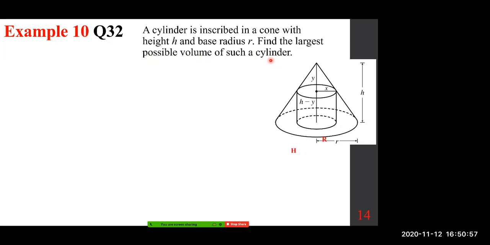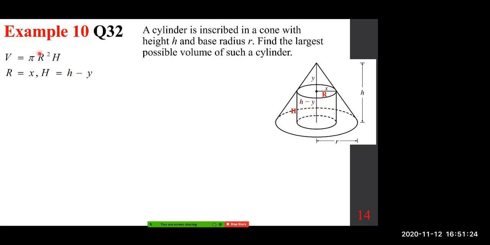So if we call this r, we call this h. H is the height of the cylindrical shape, r is the radius. I want to go with the formula class, okay? So the volume is pi r squared h. I'm just reminding you of the formula such that in this case, r equals x and h, capital H, is lowercase h minus y.